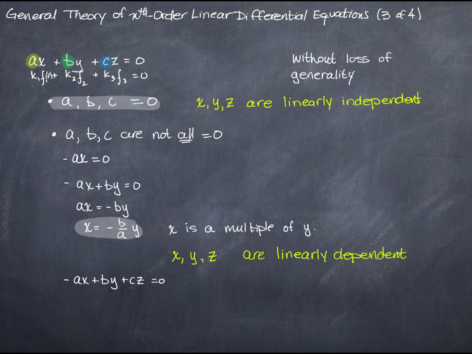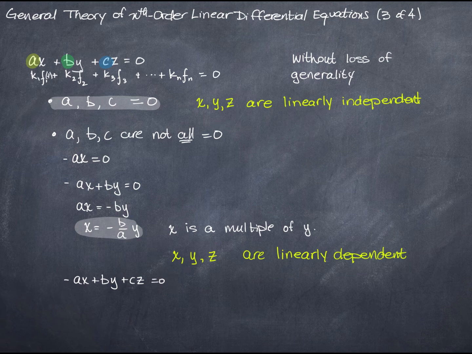Of course, in the textbook case, we have more of these because we're dealing with the nth order case, right? We have all the way up to k sub n, the nth function, but the sum of these is still equal to 0.